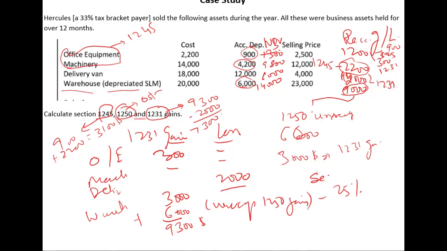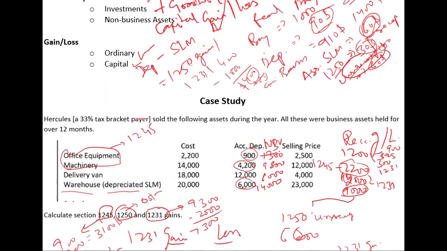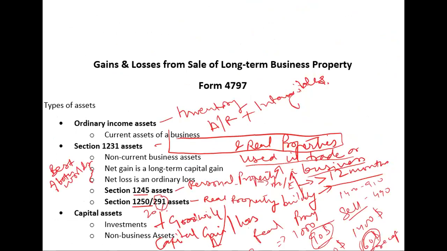So this is how we calculate the values of 1245, 1250, and 1231 gains. And this is all about gains and losses from the sale of long-term business assets. Thank you.